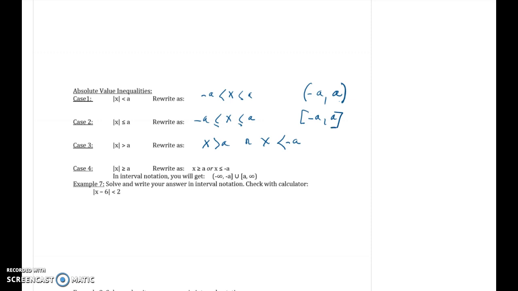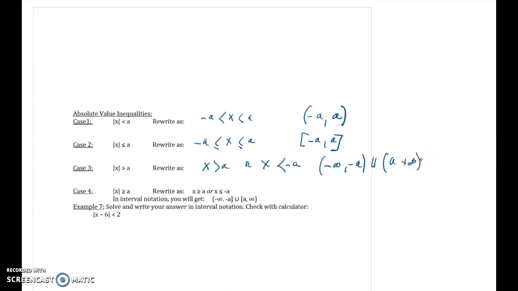Finally, when we have the expression greater than a or less than negative a, I'm going to have negative infinity to negative a, parentheses, always parentheses, union, a to plus infinity, with a parenthesis right here. And guys, now I'll let you finish all the other problems up to the end. Thank you very much, and talk to you in class.